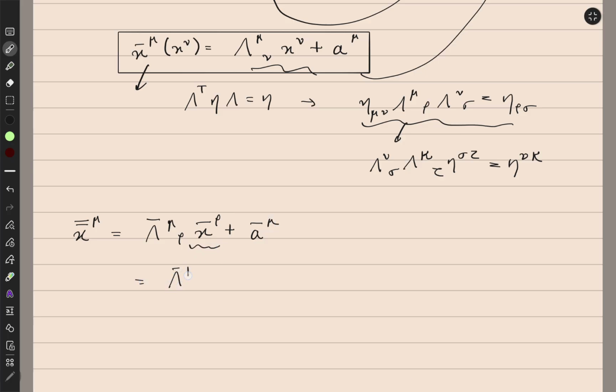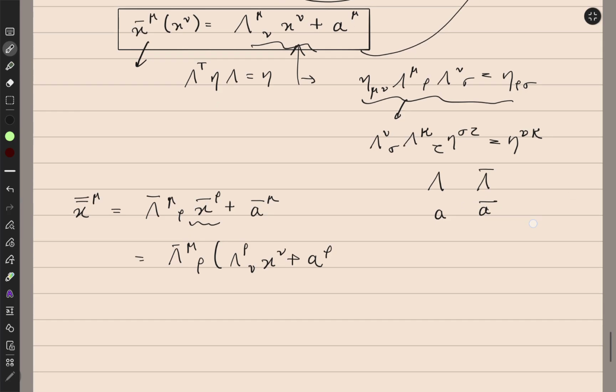This bar is just differentiating the two different Lorentz transformations: one with lambda and one with lambda bar. Similarly, one is a constant space-time translation with a, and the second has the space-time translation with a bar.